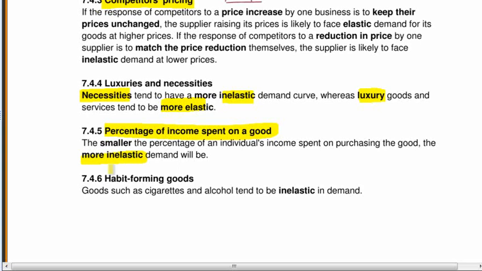I probably wouldn't even notice. It's such a small part of my weekly expenditure. And finally, habit-forming goods. They're effectively necessities, aren't they? So again, they would have an inelastic demand.